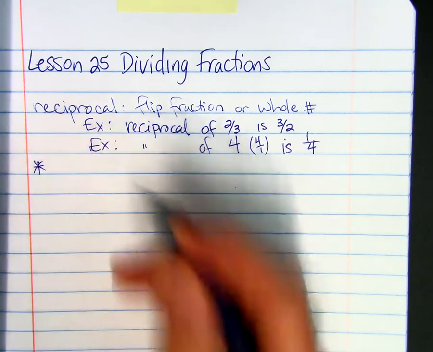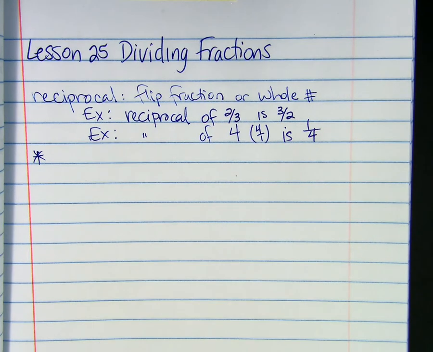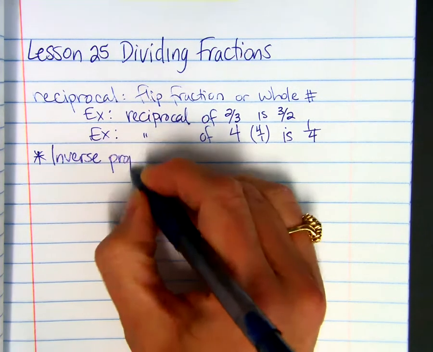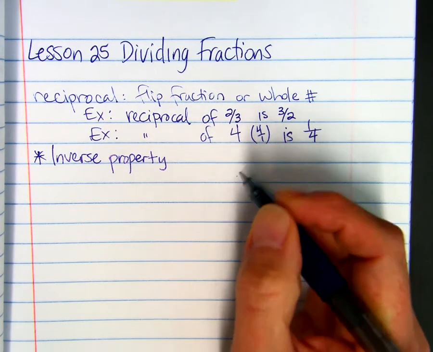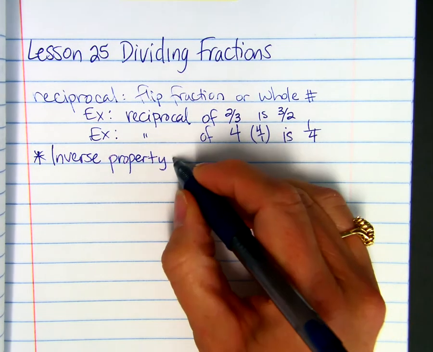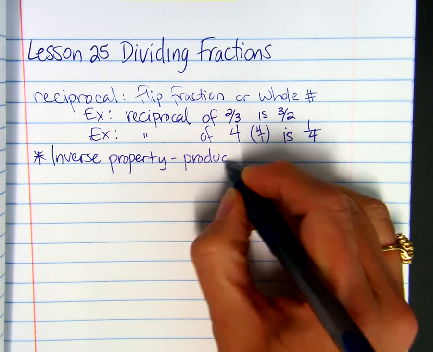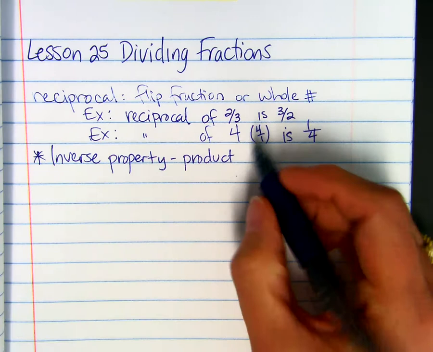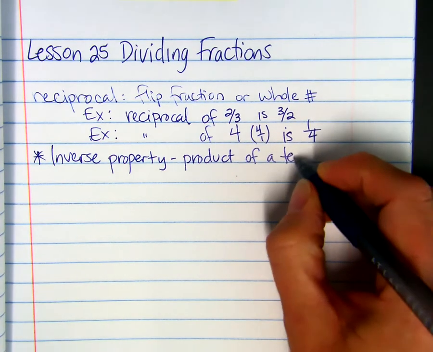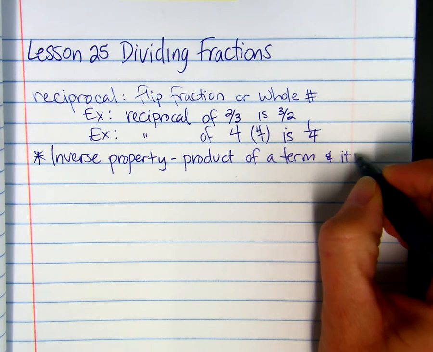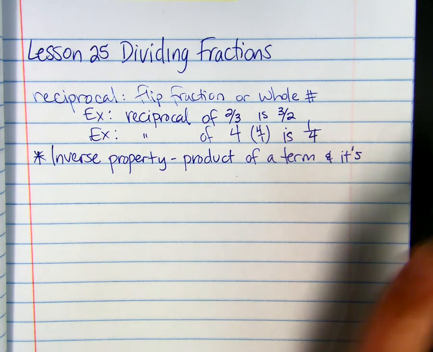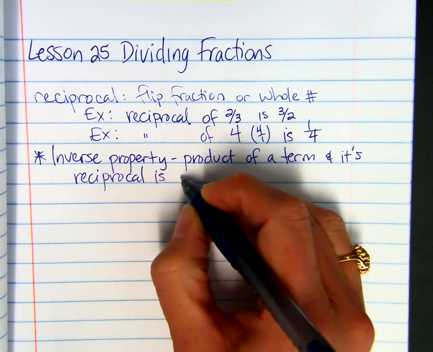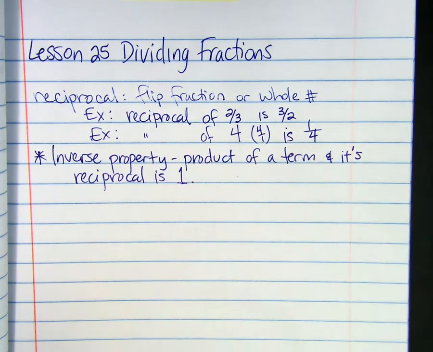And we have a property called the inverse property that we learned earlier this year. And that just says that the product, now product is the answer to a multiplication problem, the product of a term and its reciprocal is equal to 1.